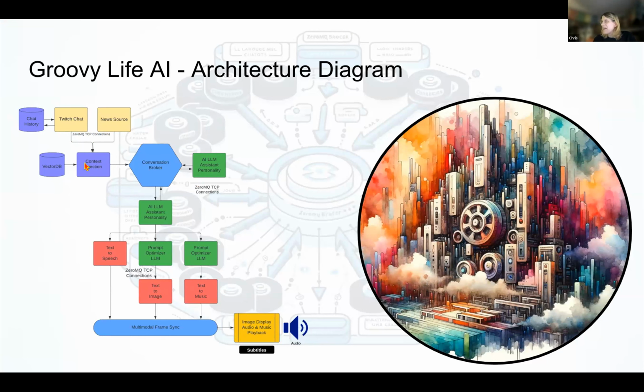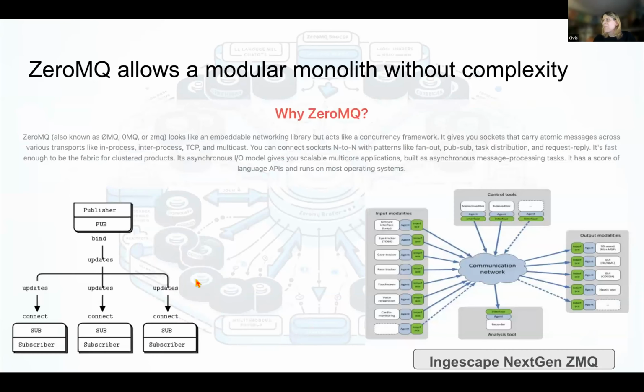I have context injection with a vector database, doing RAG into the conversation, where you're feeding possibly multiple LLMs that could see each other's conversations. So you're going into an LLM and producing text out to multiple outputs, like text to speech, then you have text to image, text to music. I have prompt optimizers, basically putting this all together to play back. So that's basically the overview of how it works.